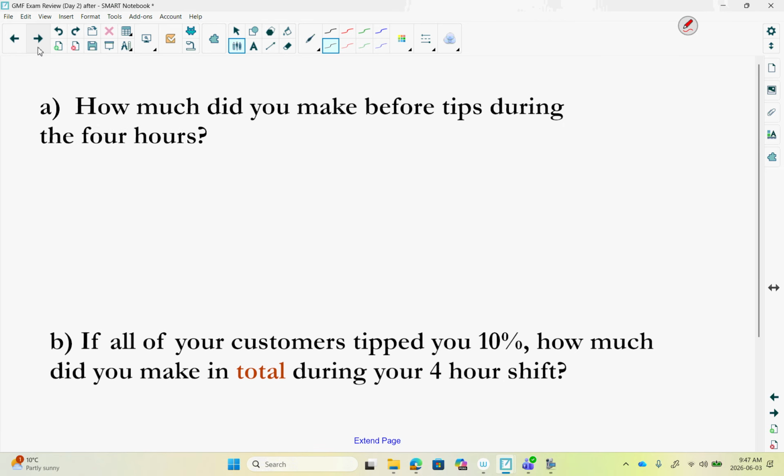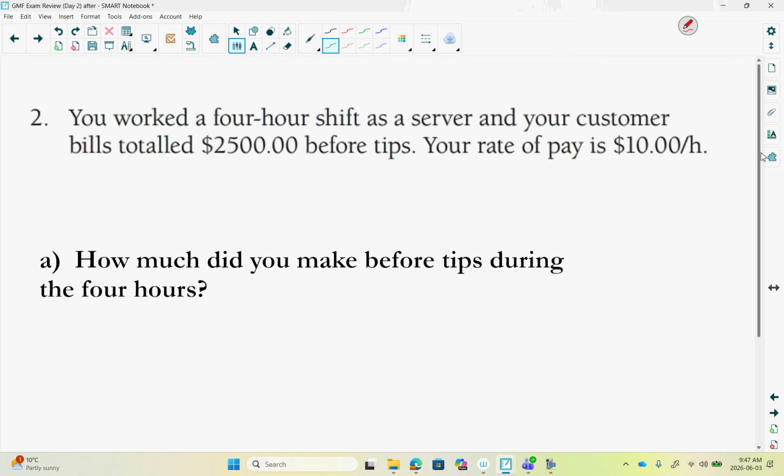Here's the next example. It talks about tips. It says you worked a 4-hour shift as a server and your customer bills totaled $2,500 before tips. Your rate of pay is $10 an hour. How much did you make before tips during the 4 hours?